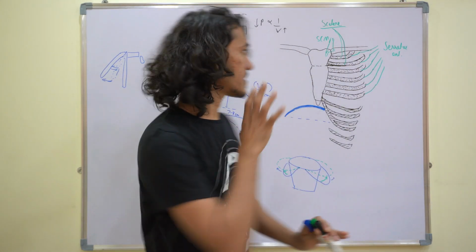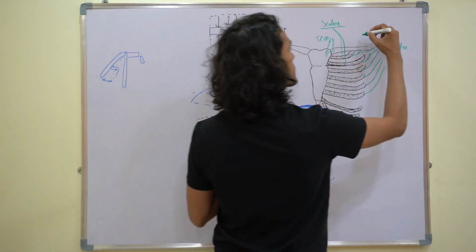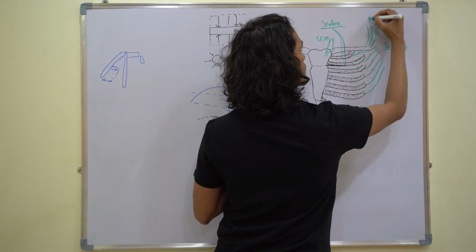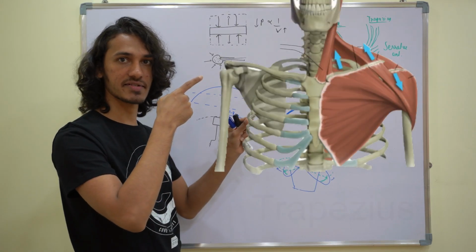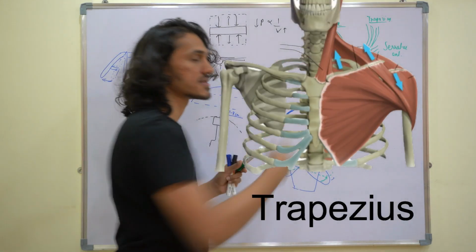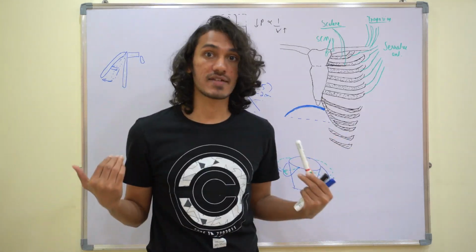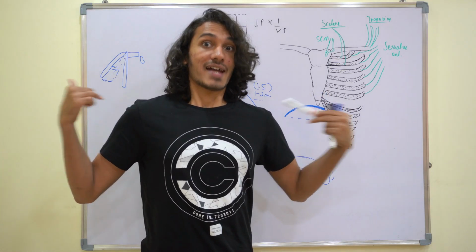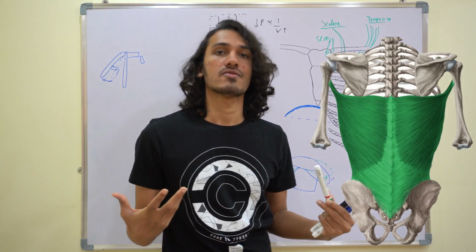Okay. Now apart from this, we also got your trapezius, which comes to this side part of the clavicle like that. Can you see that in the diagram? Yes. So that is your trapezius, and you also got the latissimus dorsi. So towards the end of inspiration, at that point you can actually feel your latissimus dorsi also acting.